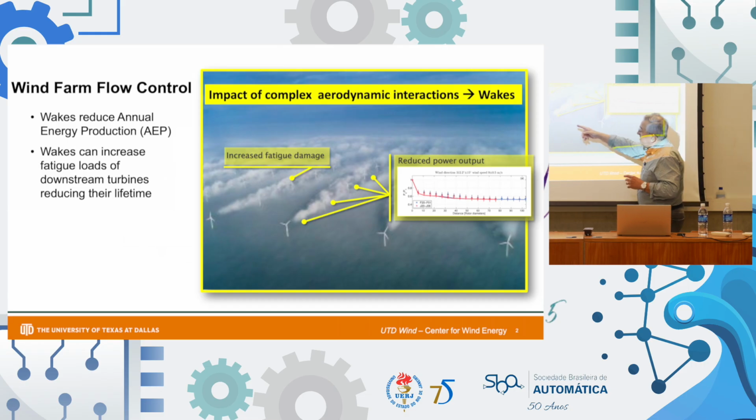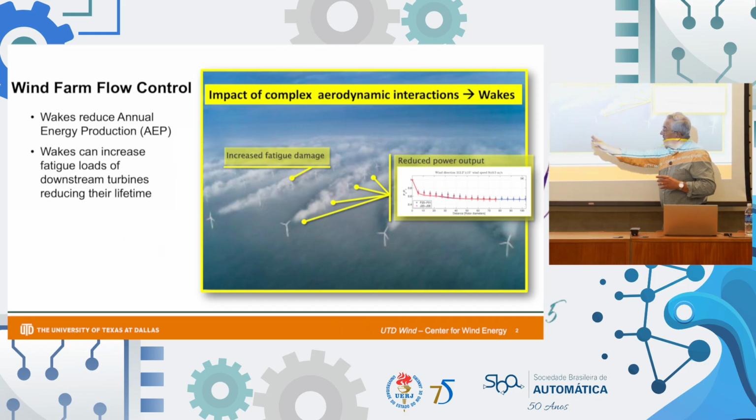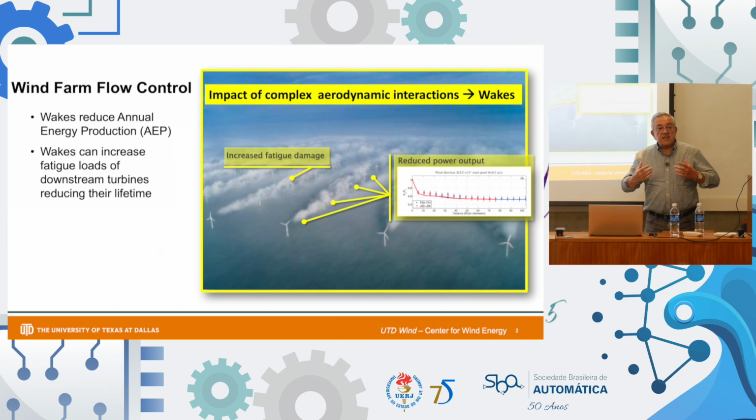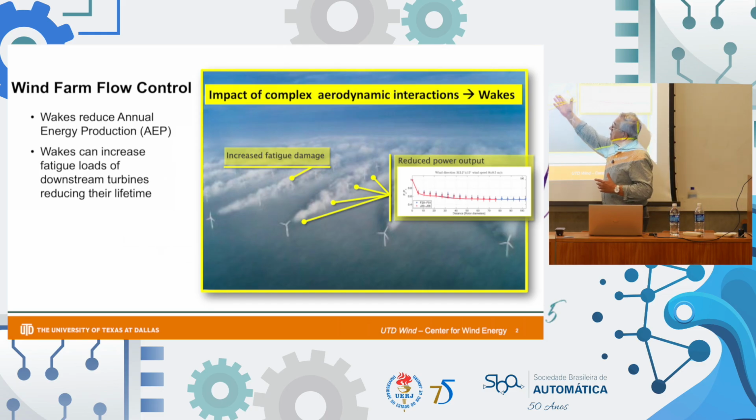So this machine, for example, is being hit by wind, and then it's rotating and it produces this wake. And then you see in here and in here and in here there are other machines, but they are in the wake of the upstream machine. What that means is that they see lower mean velocity, which is what produces wind power, and they also see higher degrees of turbulence and fluctuations in the wind, which is what stresses them out. So this is not a good situation.